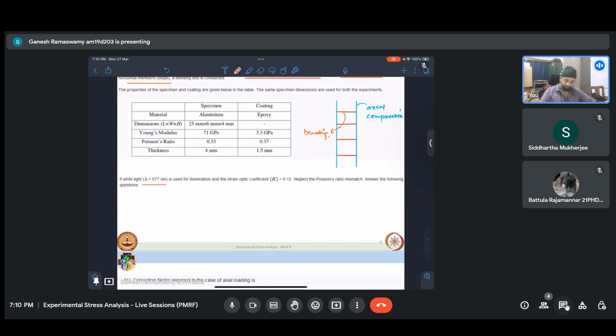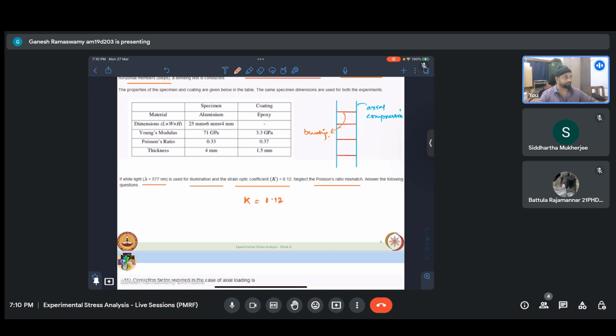It should be noted that white light is a distribution of wavelengths, so essentially we try to take the mean of that, which comes to around 577 nanometers, is used for the illumination, and strain optic coefficient K is given to be 0.12. Neglecting the Poisson's ratio mismatch, answer the following question. So we've been asked to neglect the Poisson's ratio mismatch here. Okay, so with this slide, let us look at the question.